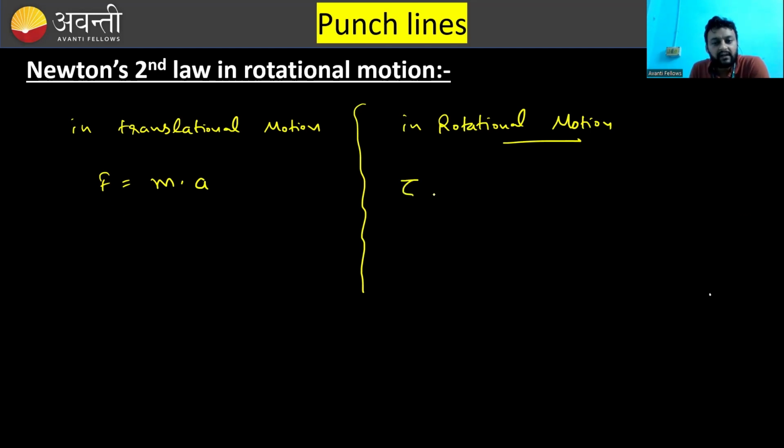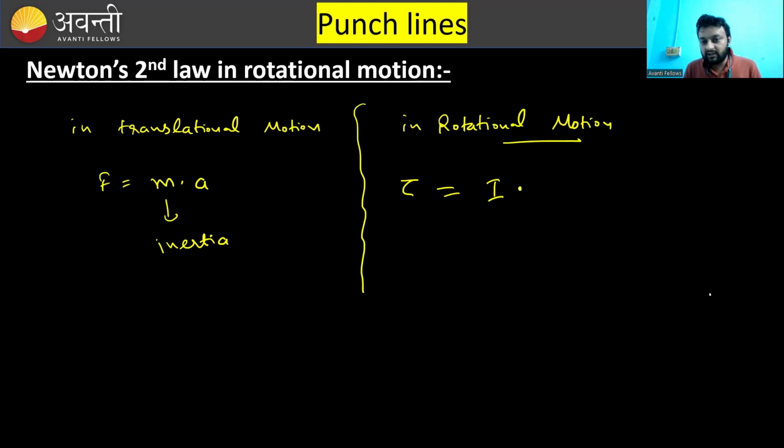One thing is sorted. Second thing, the mass of the body is just what? Inertia. Mass is called linear inertia, or translational inertia. So if I replace it in rotational motion, what is rotational inertia? You have denoted it with I. I is called rotational inertia or moment of inertia. Another thing is acceleration, a.